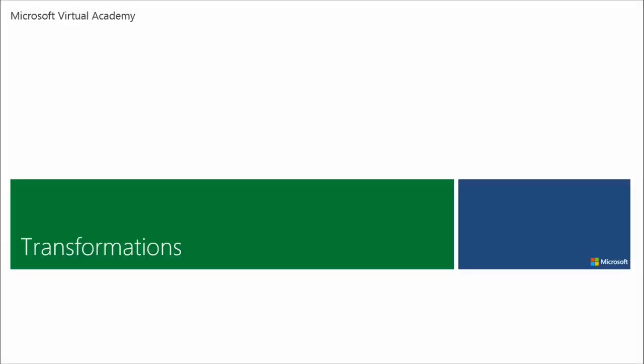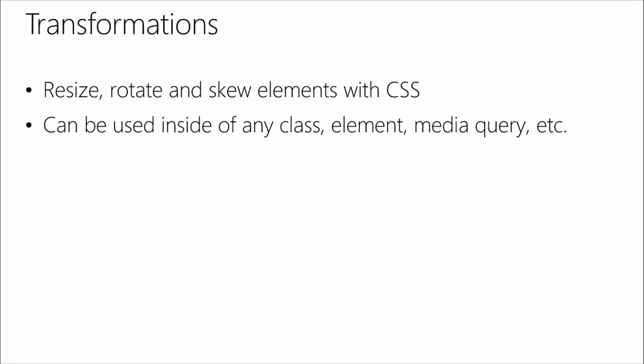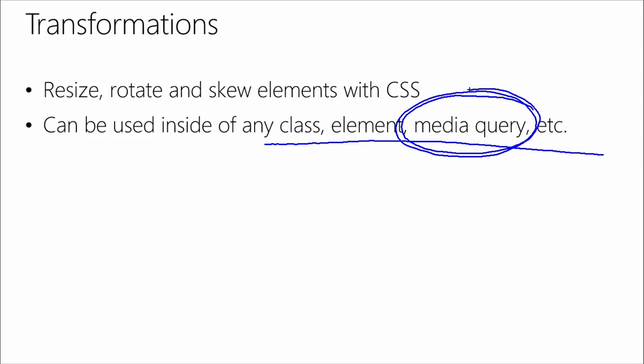Our transformations allow us to take items and manipulate them. So if you want to rotate them, if you want to skew them, if you want to resize them, you can do this all through CSS. Now, because this is done with CSS, this can be done with any class, with any element, and with any media query.